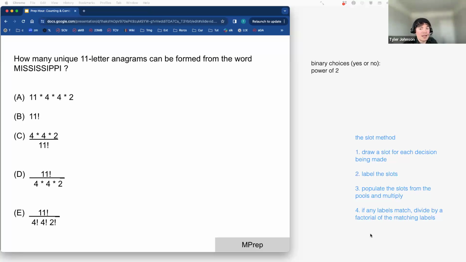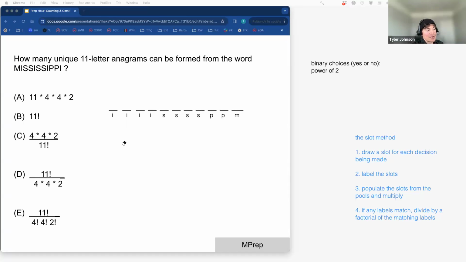So if you want to apply the slot method here, there's going to be 11 decisions for those 11 letters that we have. And in terms of the labels, think about the composition of those letters. There are 4 I's, 4 S's, 2 P's, and a single M. And we're using every single letter, so basically we're getting 11 factorial on top.